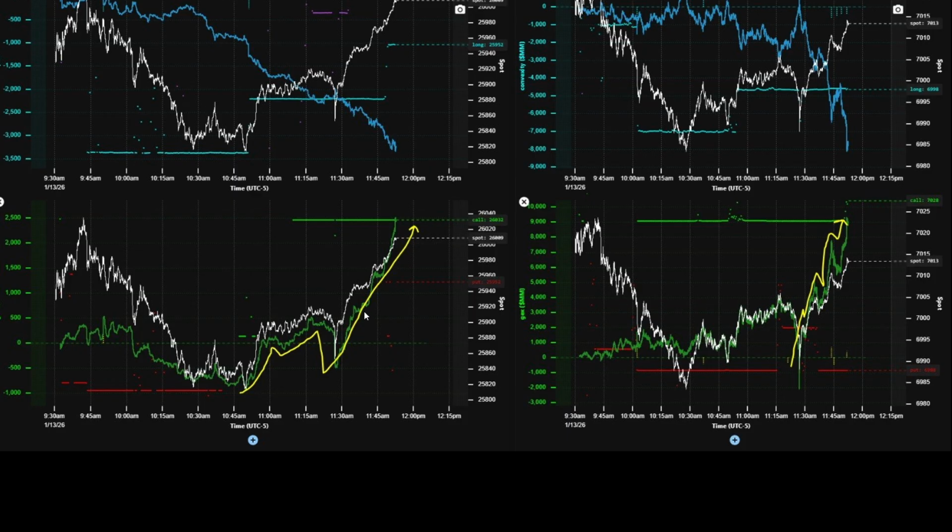But remember that gamma is the derivative of the delta, and this gamma gives us more information because here all the net flow is telling us that there are more calls than puts. In this case it is long calls because it's positive gamma. Here the same. See how the green line dominates and the price goes higher.